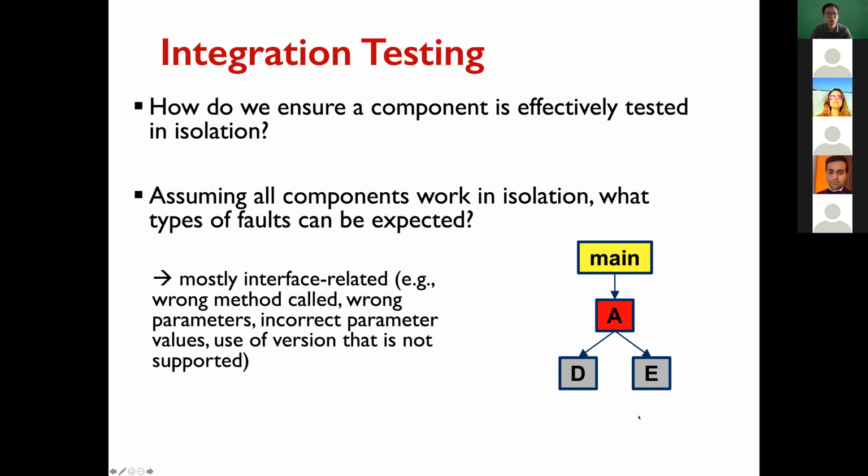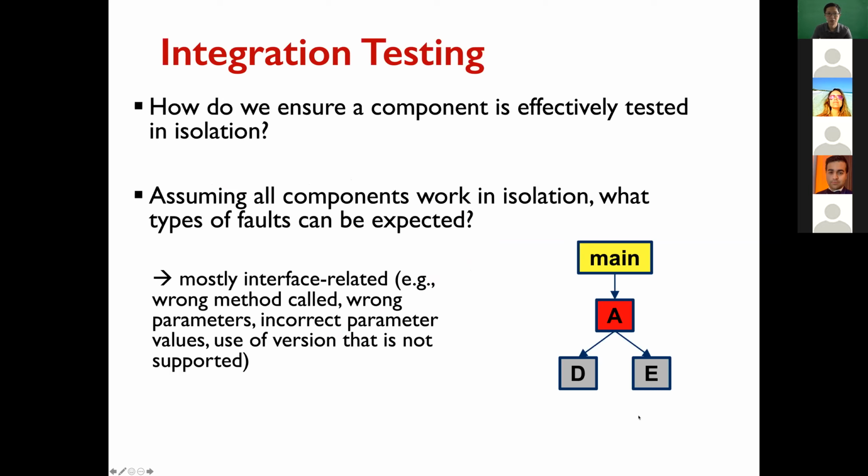There are two questions to ask for integration testing. First, how do we ensure a component is effectively tested in isolation? For example, in this figure, A depends on D and E. How can we test A without D and E?